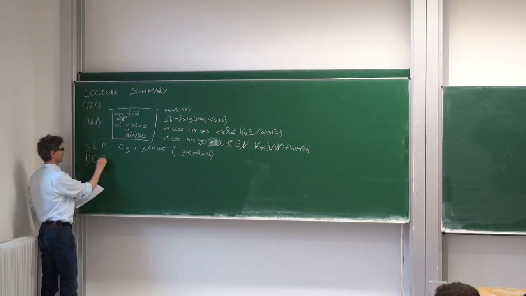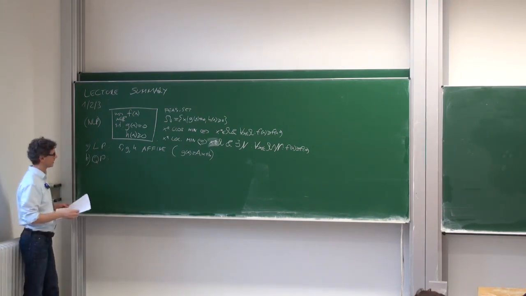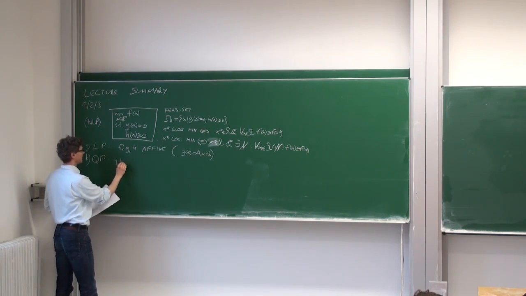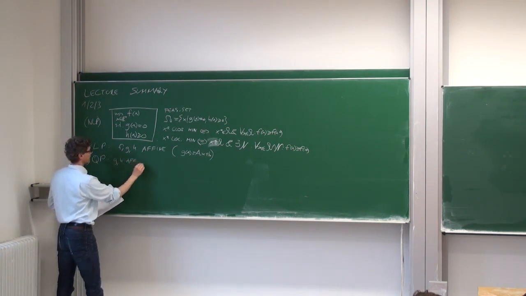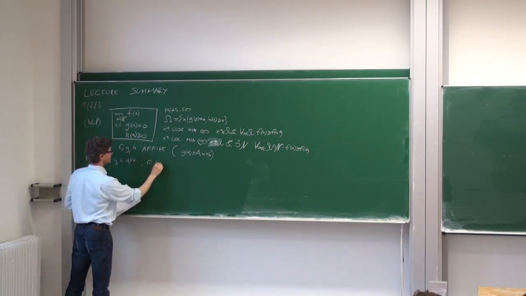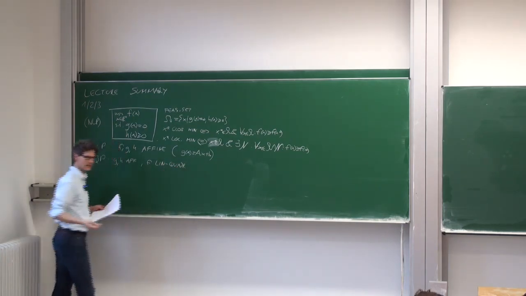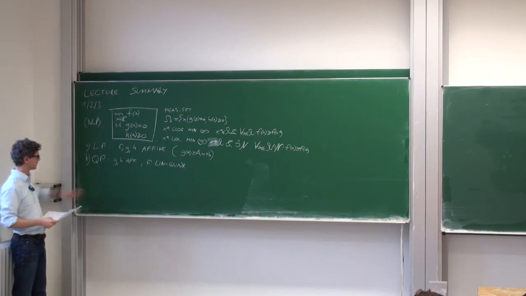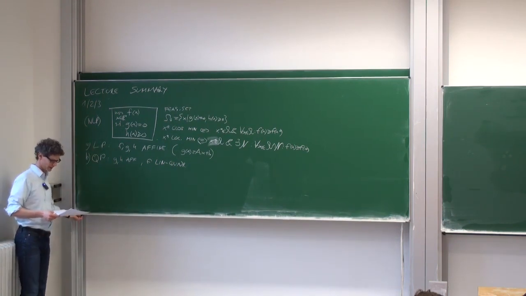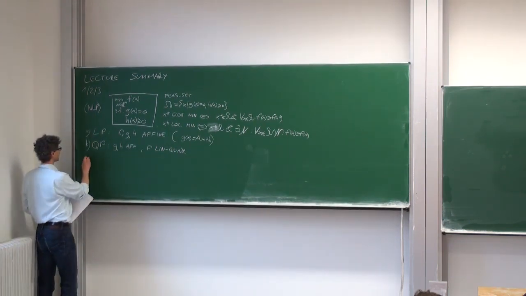QPs. So when do we have a QP? If g and h are affine, and f is linear quadratic. QPs can be convex or non-convex. LPs can always only be convex. So how do we define convex problems?